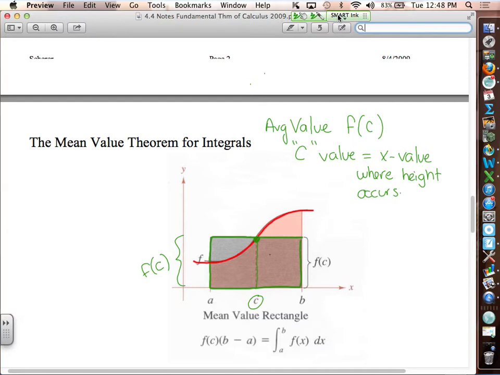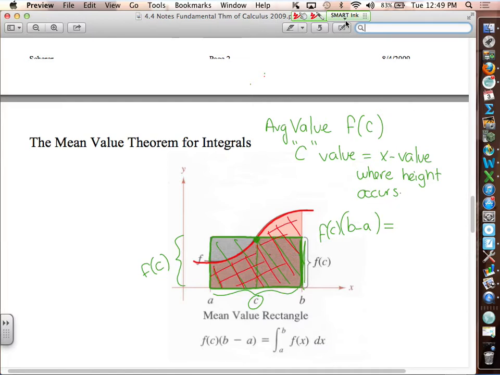So if you look at the area of this green rectangle here, the area of the rectangle would be base times height, so the length of this side would be B minus A, times the height of the rectangle here, which is F of C. And then that would equal the area under the curve. The area under the curve, we said, was the pink color.